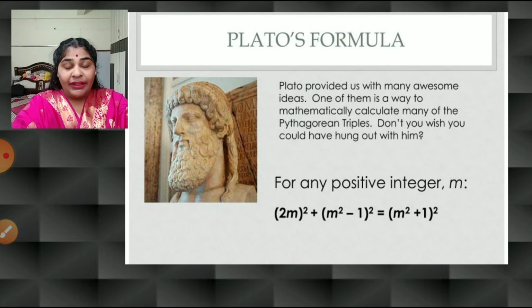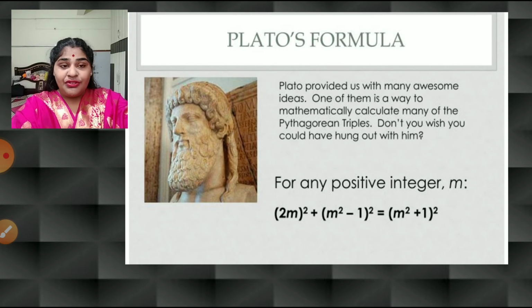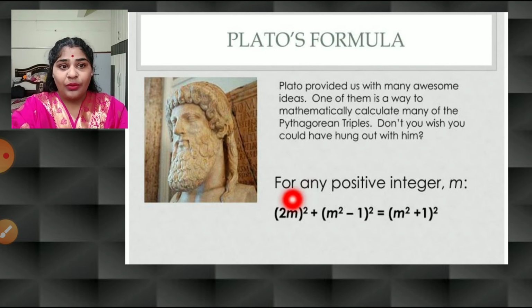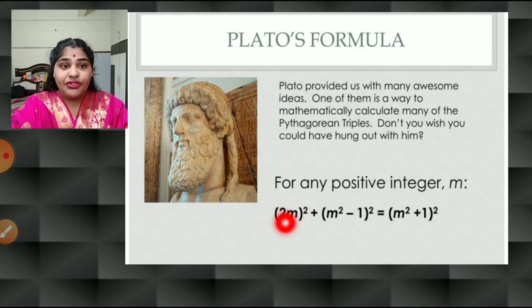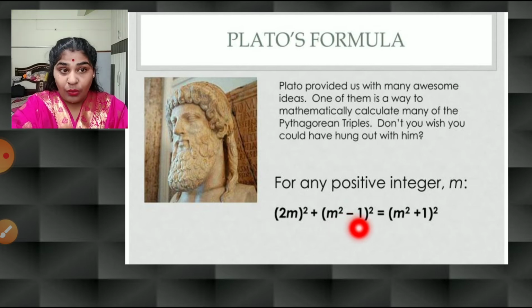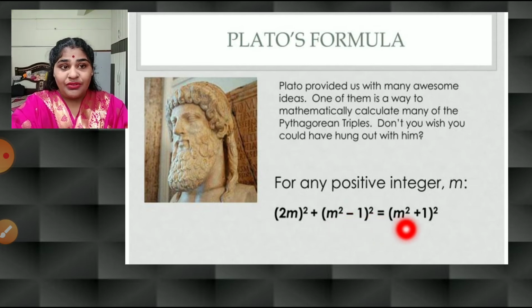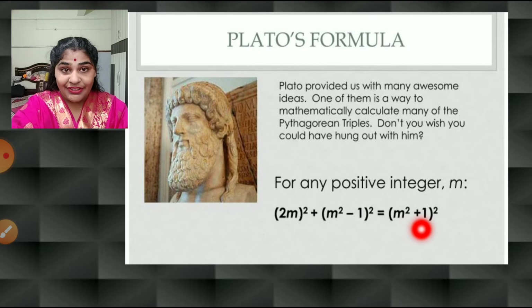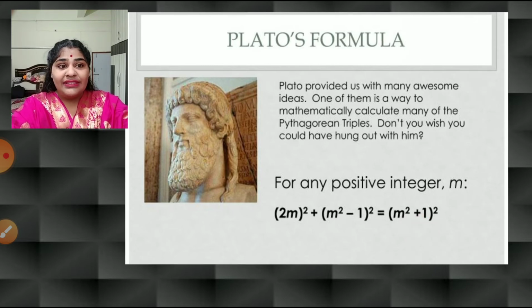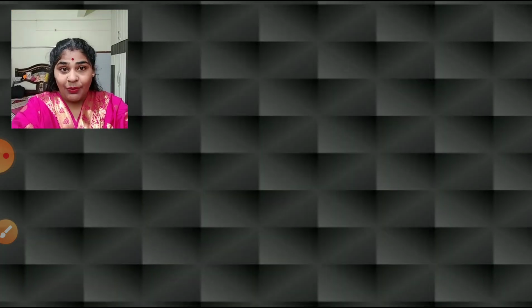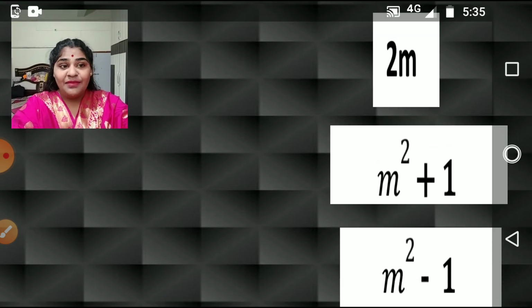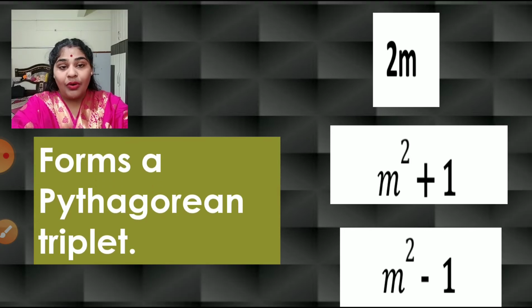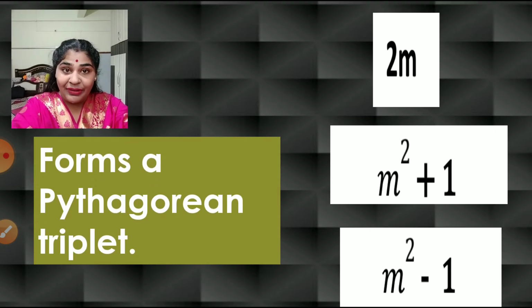Right, children? So using Plato's formula, Plato has provided us with an awesome idea to find the Pythagorean triplets. According to him, where m is a positive integer, (2m) square plus (m square minus 1) whole square is equal to (m square plus 1) whole square. So using this, we come to know that 2m, m square minus 1 and m square plus 1 form a Pythagorean triplet.